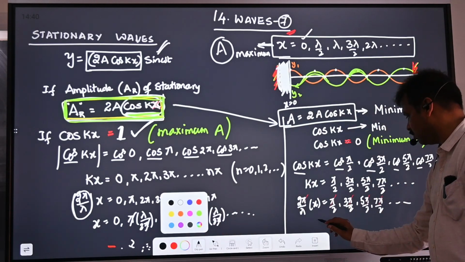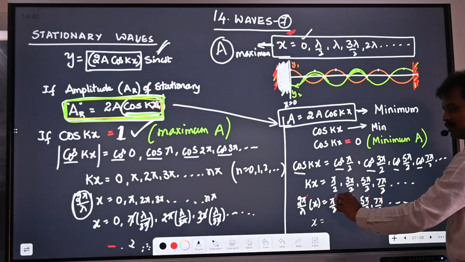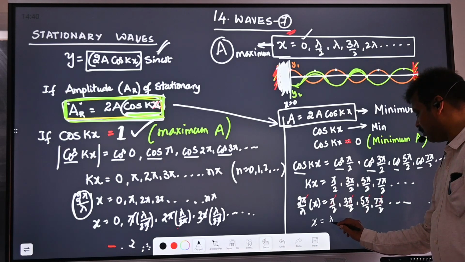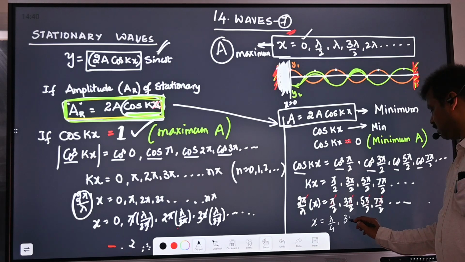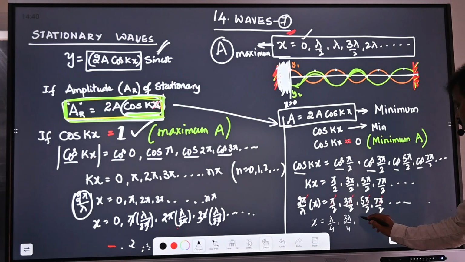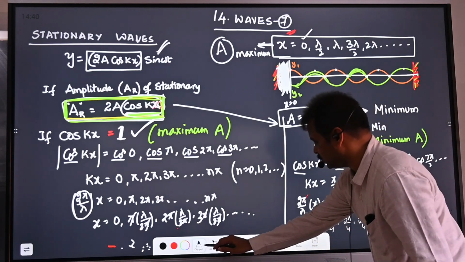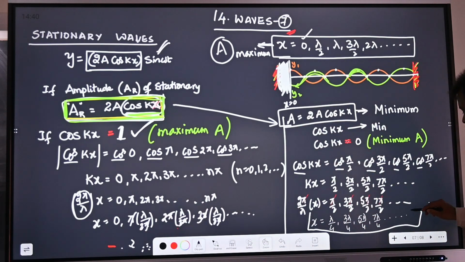The 2 by lambda comes to this side. So x is lambda by 4, 3 lambda by 4, 5 lambda by 4, 7 lambda by 4, and so on. These are the x values where you will get minimum amplitude.